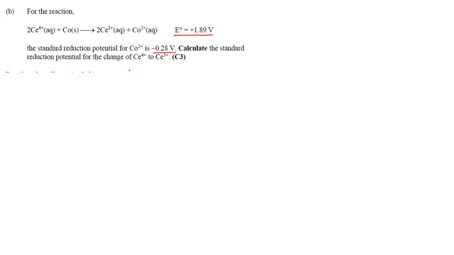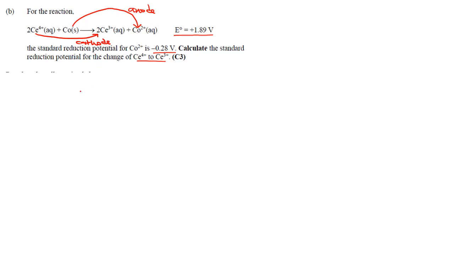Okay, calculate the standard reduction potential for the change of Ce4 plus to Ce3 plus. Okay, so first thing, apa yang you perlu tahu dekat sini, siapa kita punya anode, siapa kita punya cathode. Okay, again, anode adalah cobalt lah sebab dia undergoes oxidation. Okay, dan kita punya cathode adalah kita punya Ce, okay, cathode.